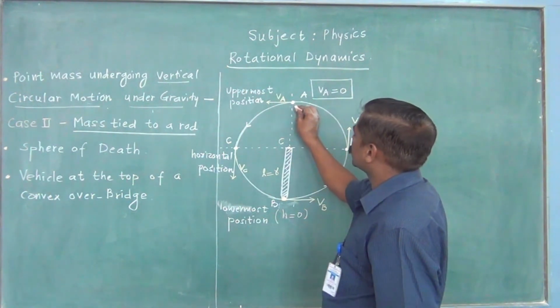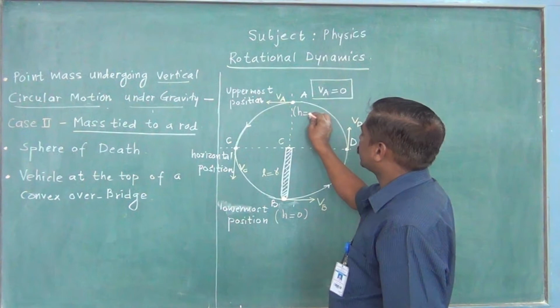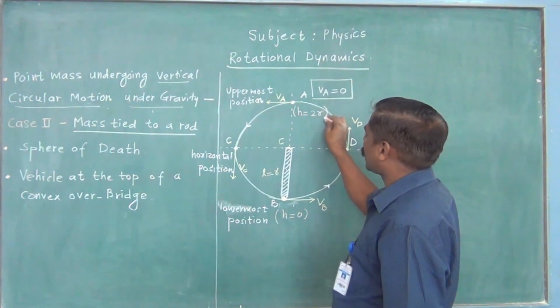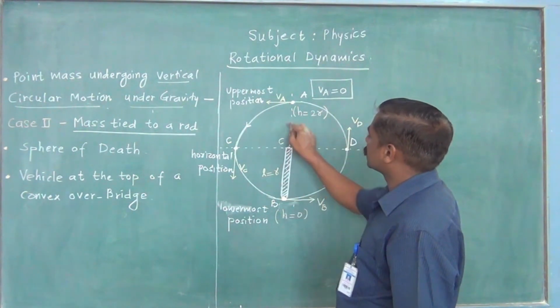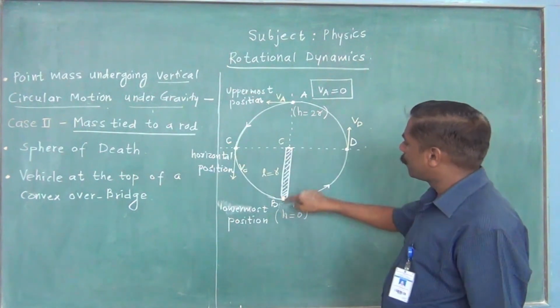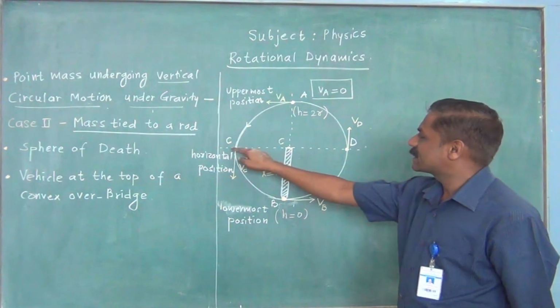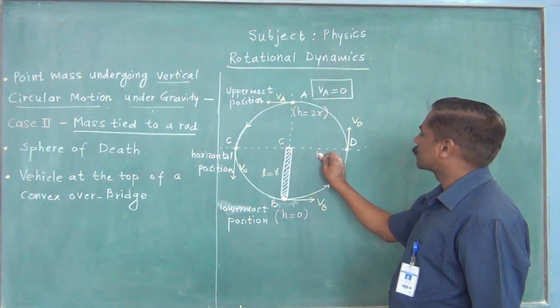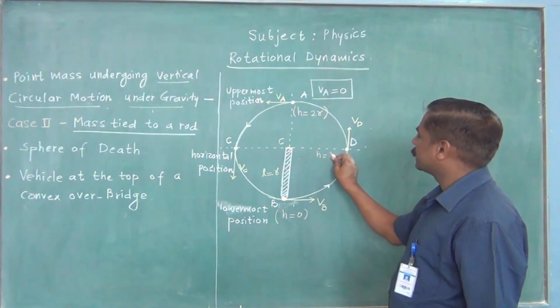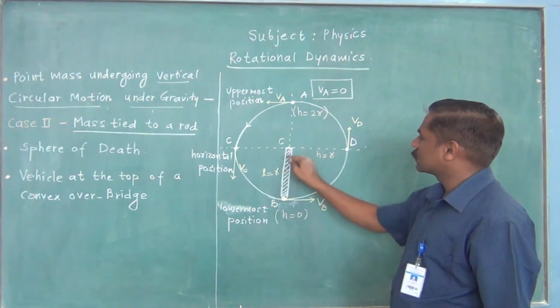In case of position A, height is taken as 2 times r. So this is r and this is also r, so from B the point is at a distance of 2r. Similarly for C and D, we can consider this height is nothing but r.